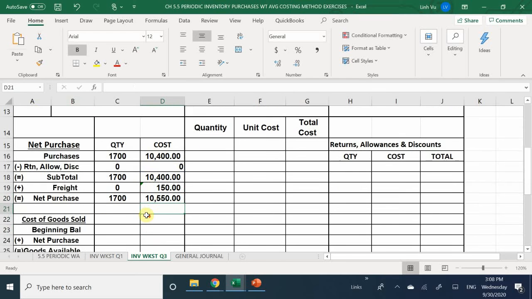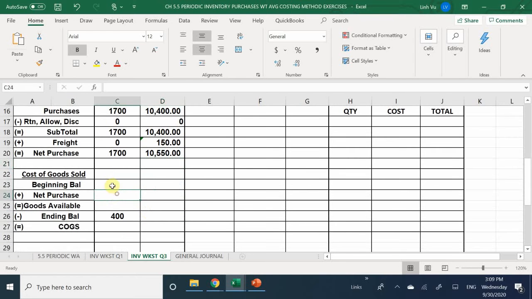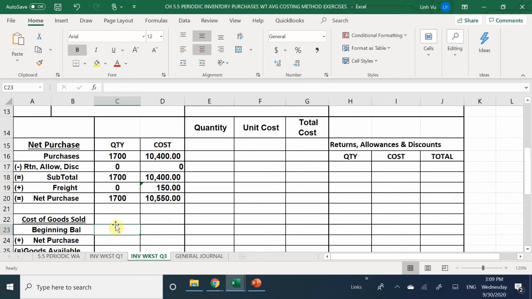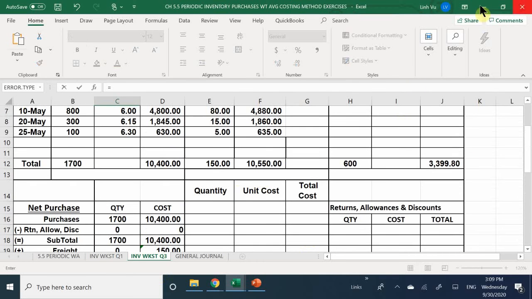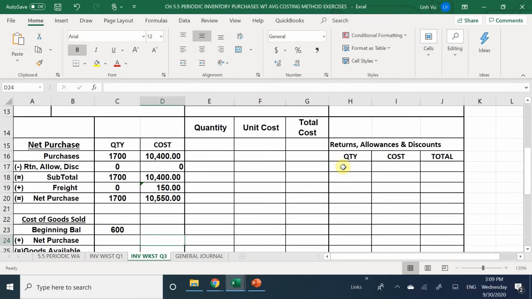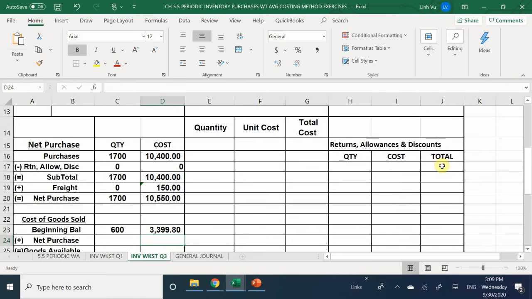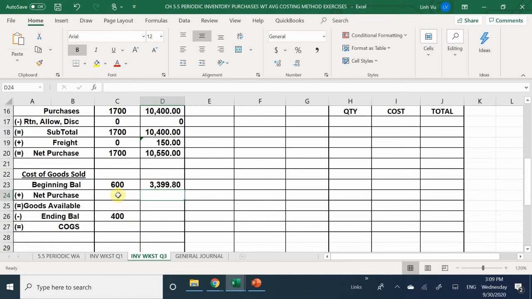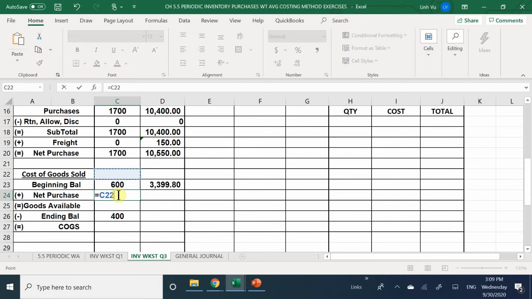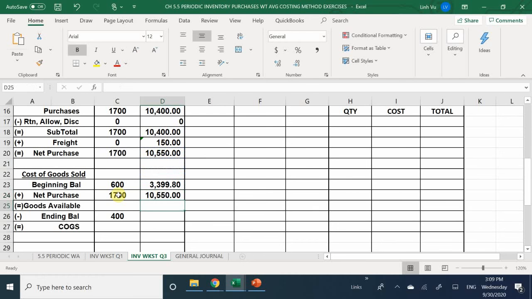Do we have beginning inventory? Yes, we do. It is $3,399.80. We pull our information from above for my net purchases, and now I total up our entire goods available.